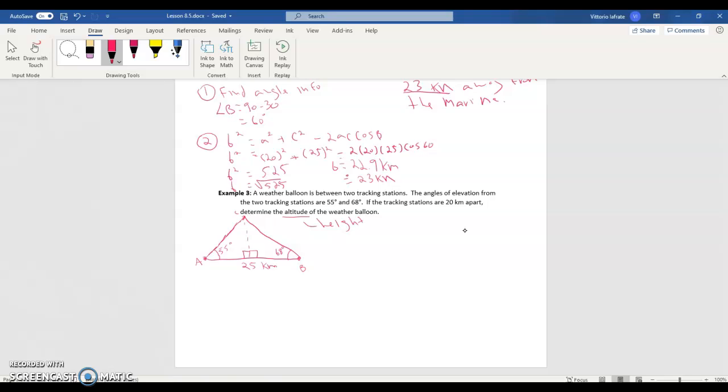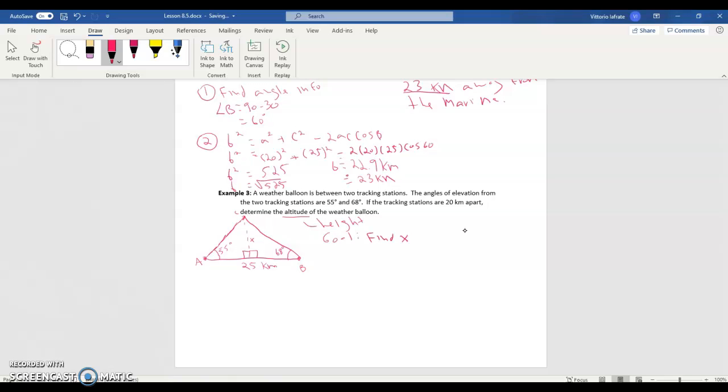So we want to find the altitude of the weather balloon. So we're looking for, let's call this x. And let's try to plan out what we want to do. So our goal is find x. And so there's a few different ways you can approach this.